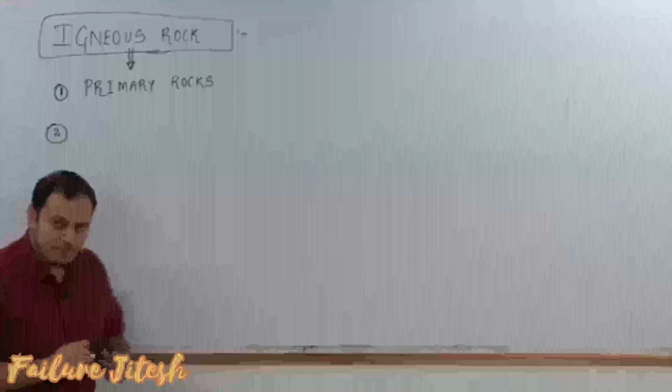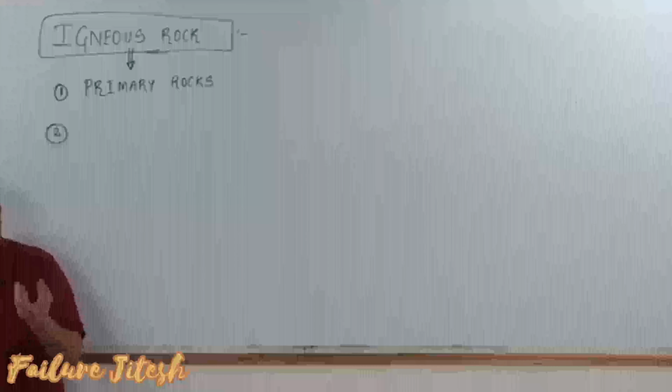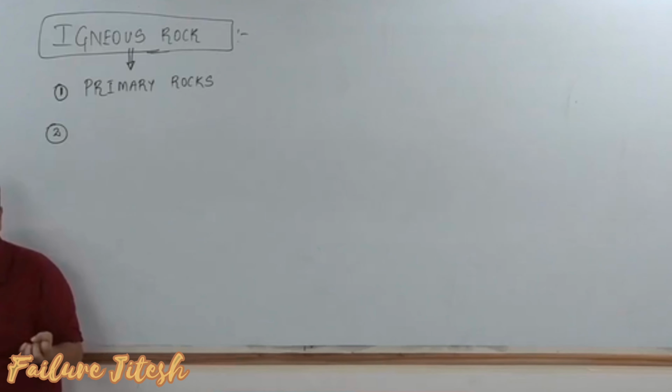Now understand one simple thing. Because they are formed due to cooling and solidification, anything when it cools and solidifies will result in trapping of air bubbles, or trapping of minerals, and as a result of this, it will result in formation of crystals.